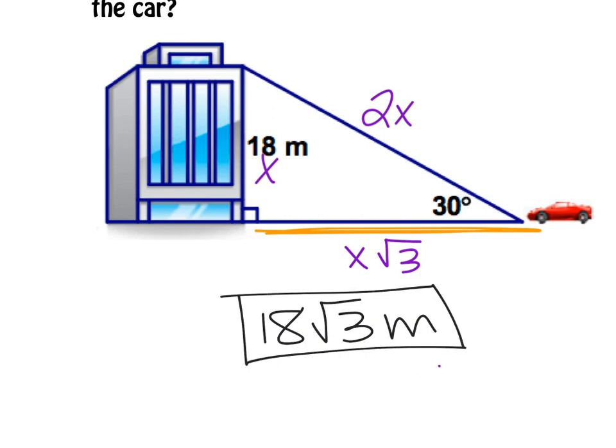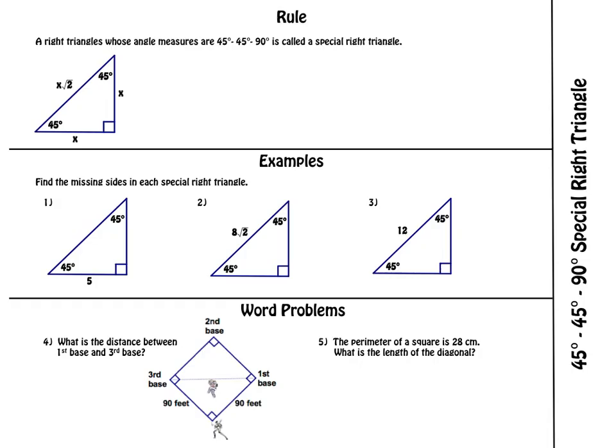Okay, so ladies and gentlemen, that's a 30, 60, 90 right triangle. And my favorite, because I actually think it's way easier than that, but, you know, I'm the math teacher, so I'm supposed to say that. 45, 45, 90 special right triangles. Okay?